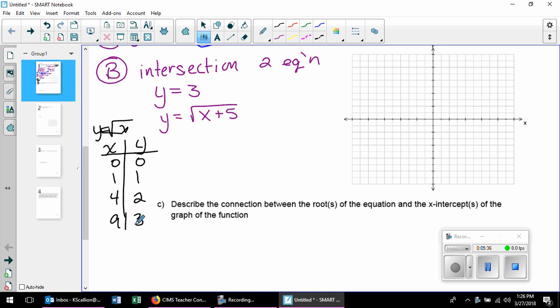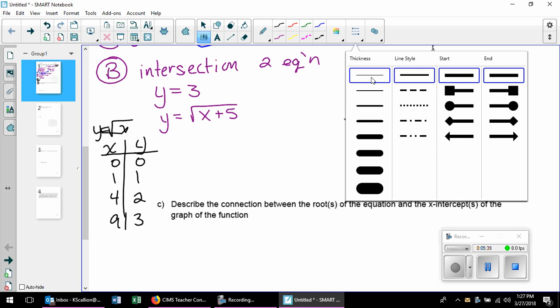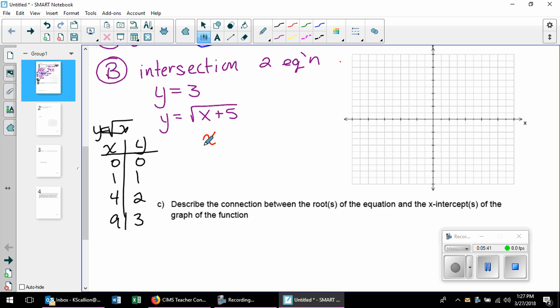So now if we want to do the transformations to it, where does it move the table? The x's are moving left 5, negative 5. And the y's are moving 3 down, negative 3. If I'm at 1 and I move 5 left, I'm going to be at negative 4.